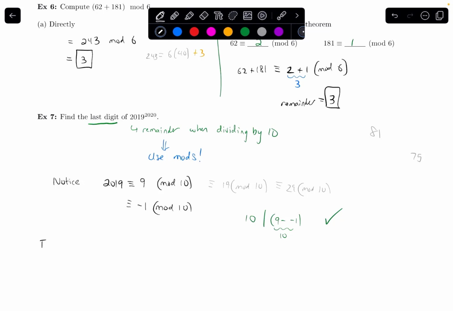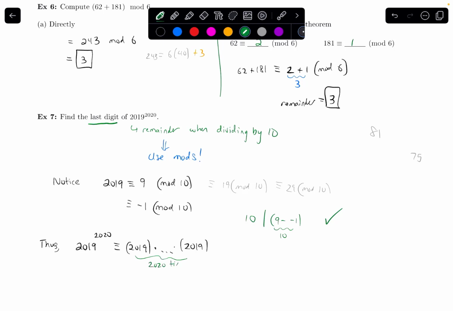So if I'm trying to now compute 2019 to the 2020 power, this just means 2019 times itself a bunch of times, 2020 times.